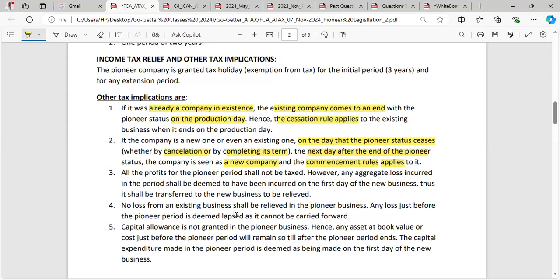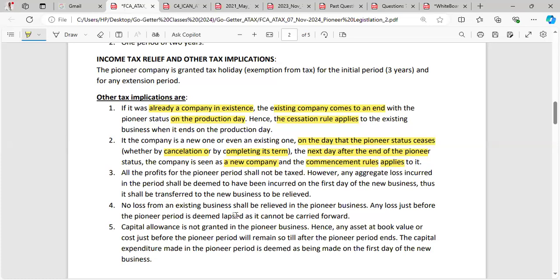After that 3 years, whether the company finishes its term, or it is cancelled, or if there's an extension, anytime the company is no longer a pioneer status, the day after the company ceases to be a pioneer status, the company is seen to be commencing a new business. So you see, yes, commencement rule applies here.